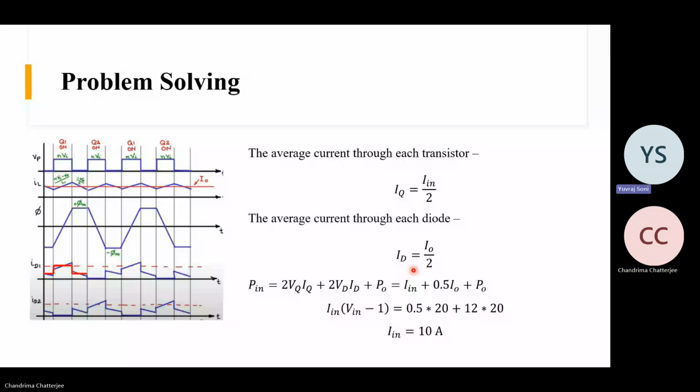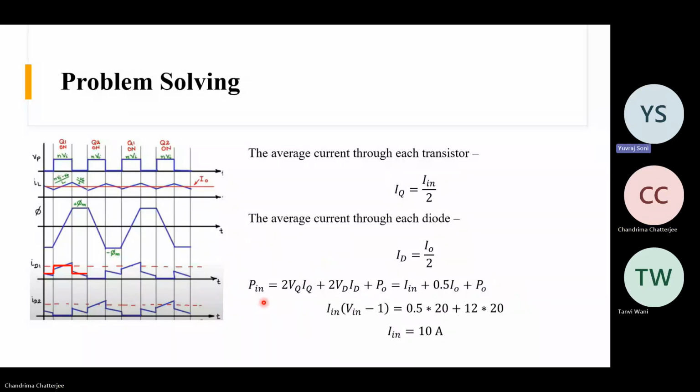Yes, ma'am, it is visible. Okay, so till which point could you see? Until IN equal to 10 ampere. No, I am saying that in between the screen was not visible. So when was the last time you saw the screen?